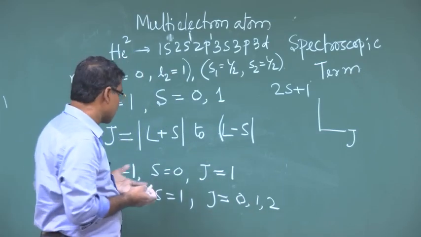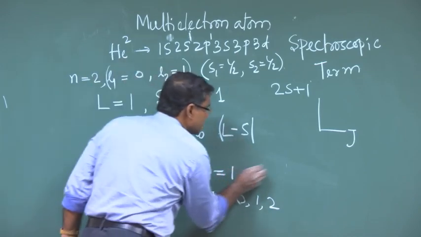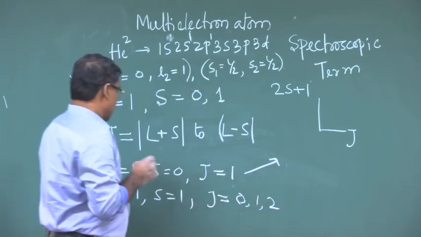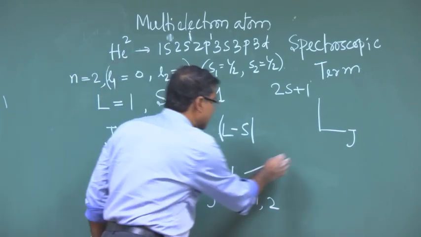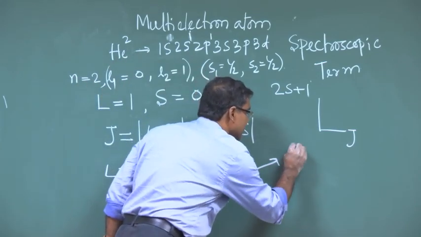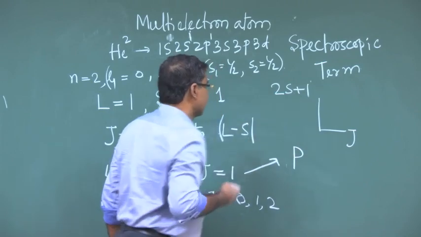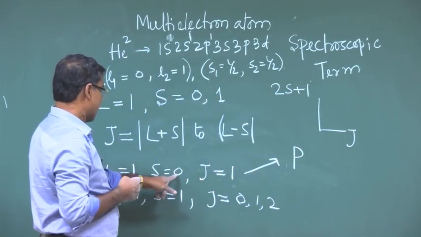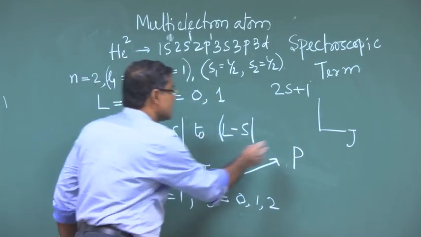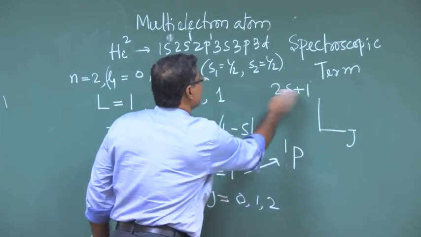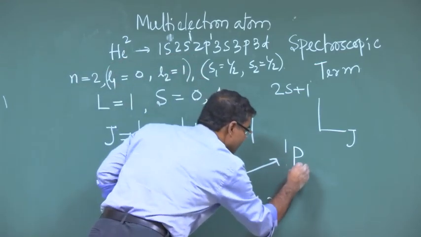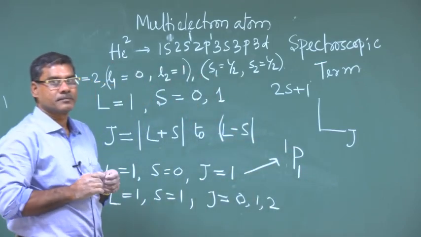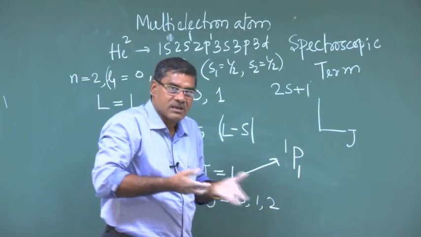So what will be the spectroscopic term then? The spectroscopic term: L equal to 1 means P, and for S equal to 0, 2S plus 1 is 1, and J value is 1. So this will be one spectroscopic term, and it will represent one state of the atom.